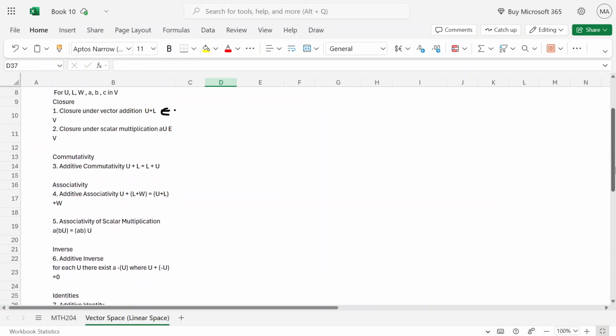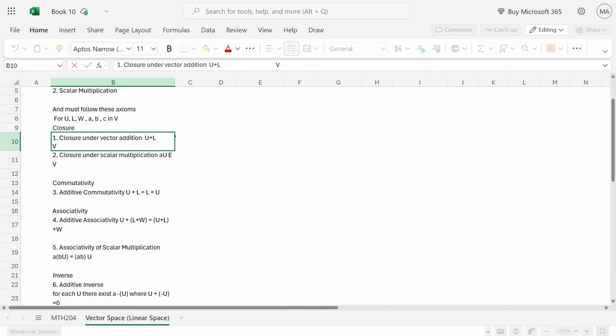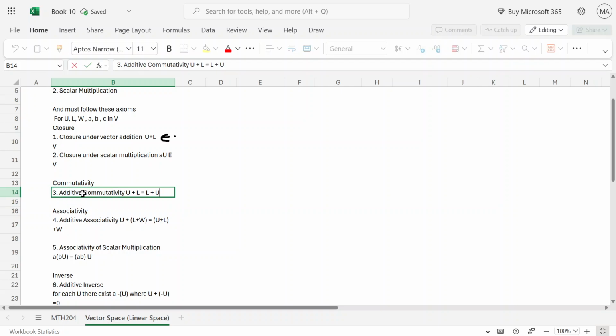As you can see there, if you save this in your head like this, closure, any vector you add together must be in the vector, and any scalar multiplication you do must be in the vector. Commutativity, additive commutativity, u plus l must be equals to l plus u. Associativity, additive associativity, u plus l plus w must be equals to u plus l plus w.